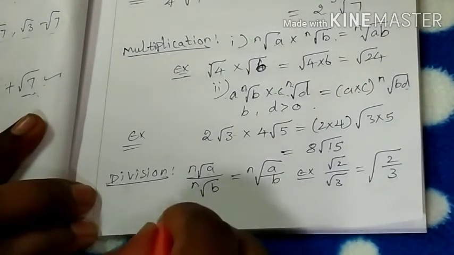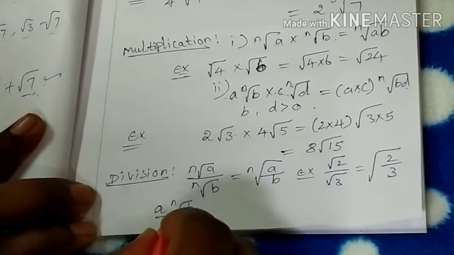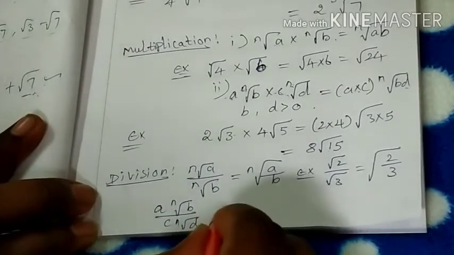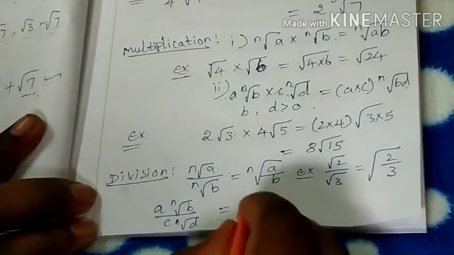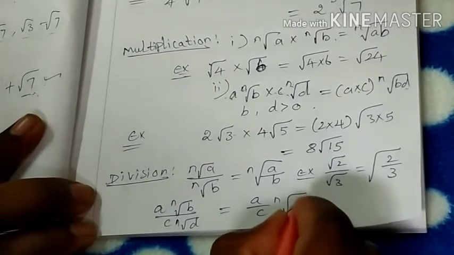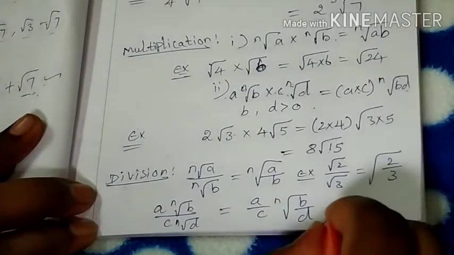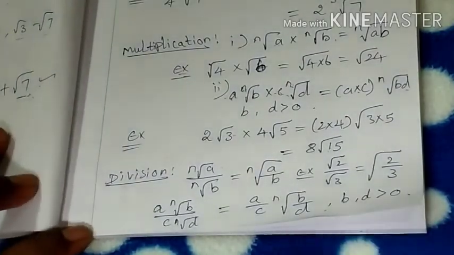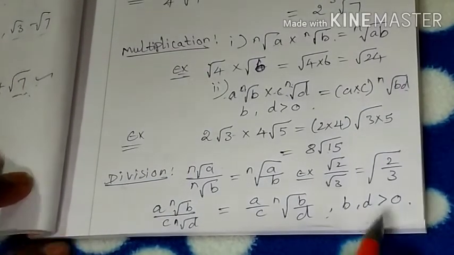Next, a into the nth root of B divided by c into the nth root of D is equal to a by c, dividing the coefficients, as well as the surd values, B by D, where B and D are greater than 0. You make an example of this property. That's all your definitions.